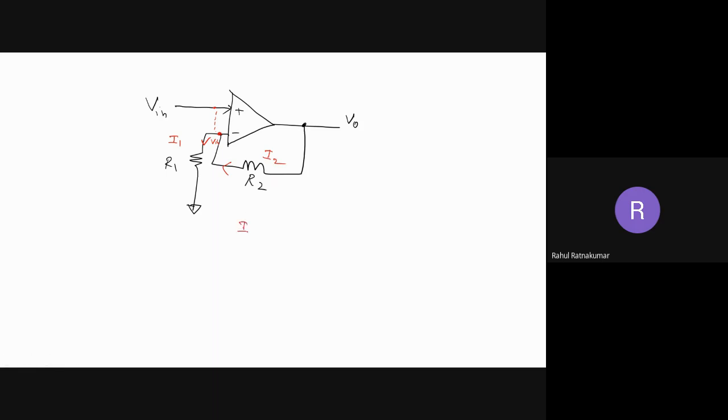So we know I1 equals V in divided by R1, and I2 equals (V out minus V in) divided by R2, because it is pushing. We also know I1 equals I2. Why?